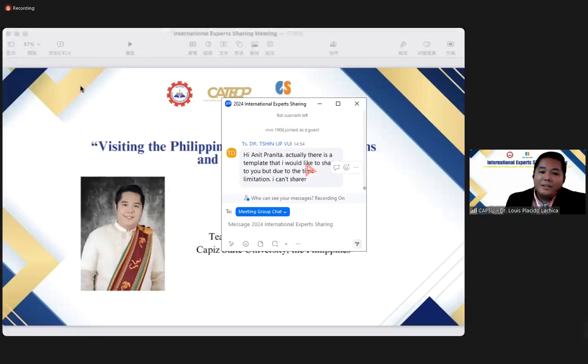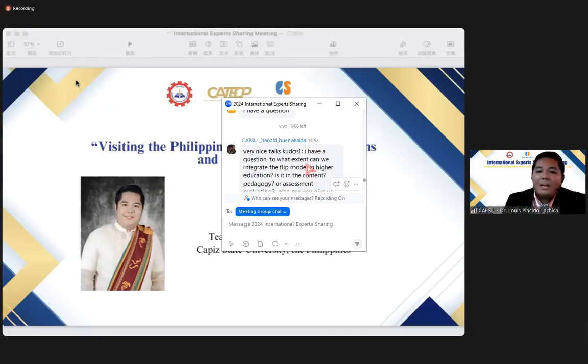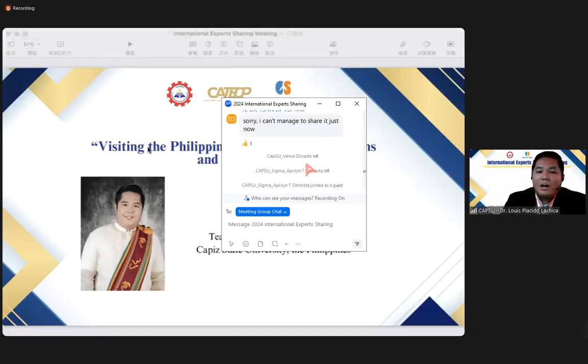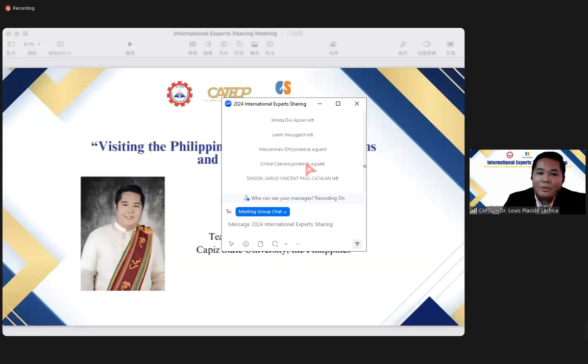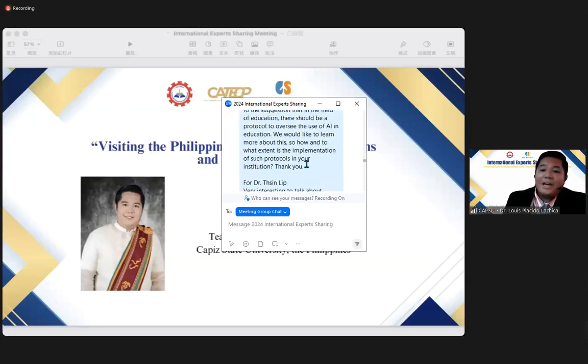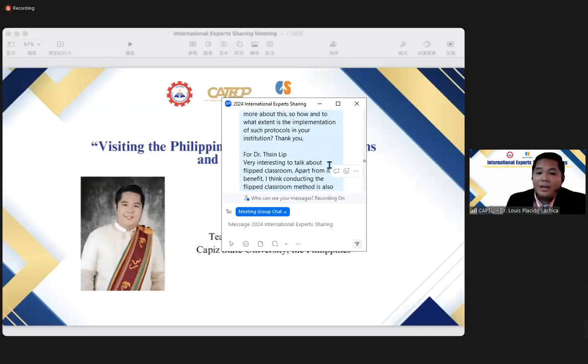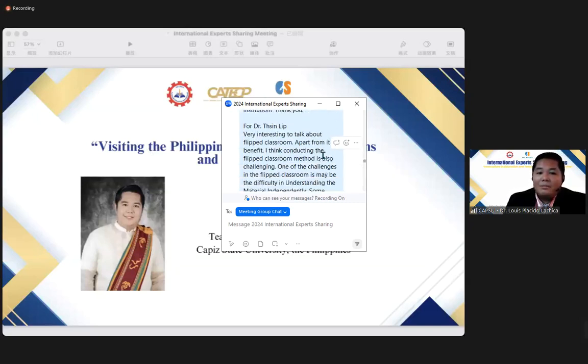The downside of technology right now, if we do not have a standing policy on the use of artificial intelligence, for example, is that on the side of the teacher or of our learners, there might be a case wherein they would feel that they no longer need the teacher as the facilitator of learning.